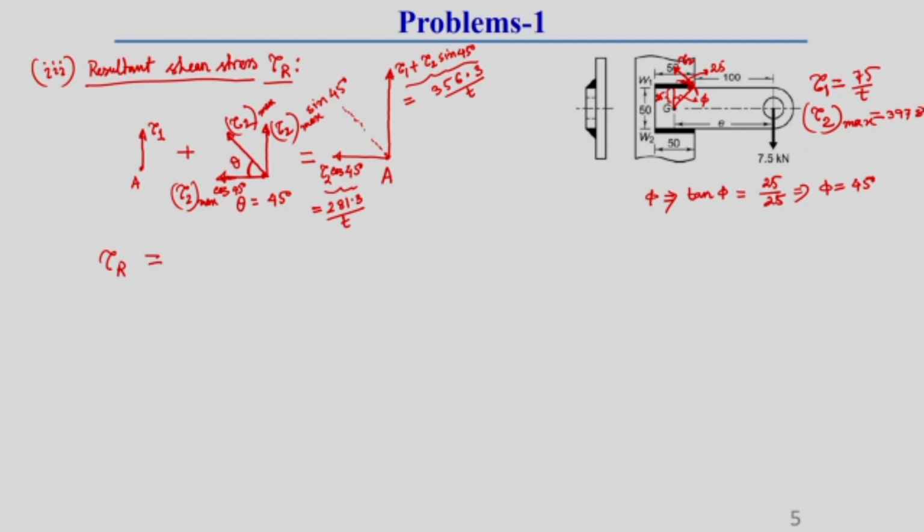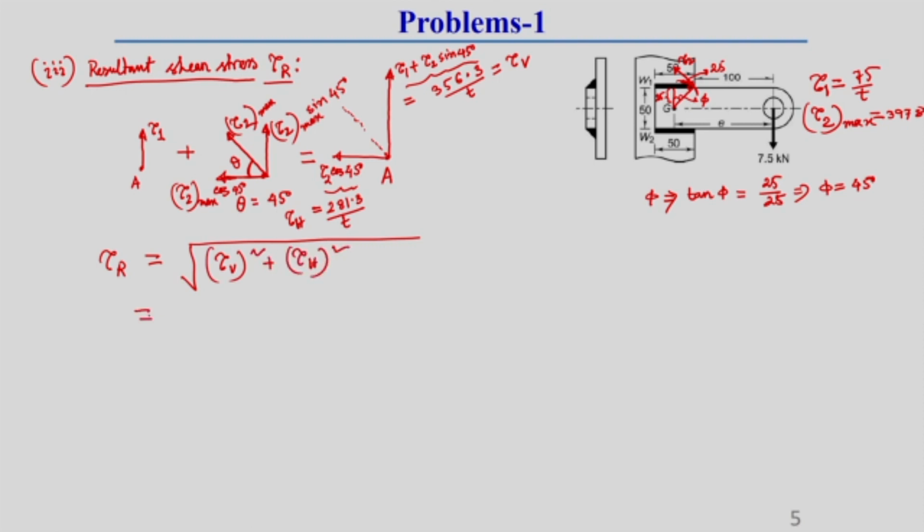Now, we can easily find the resultant component here, as the horizontal and vertical components of stress are known to us. Let the vertical be tau v and the horizontal be tau h. So, the resultant is the square root of tau v square plus tau h square.